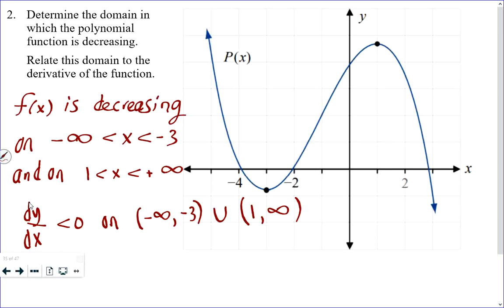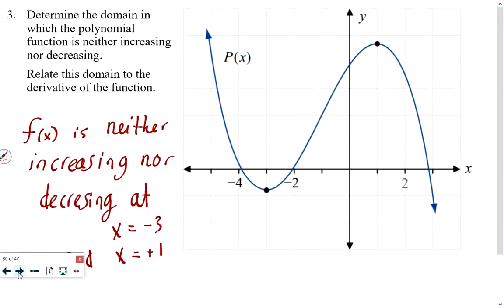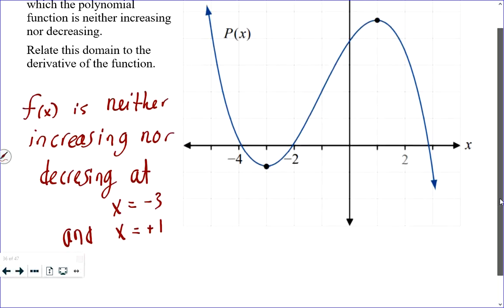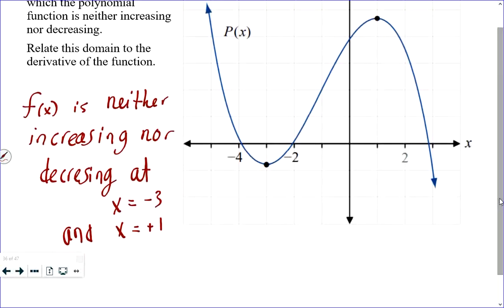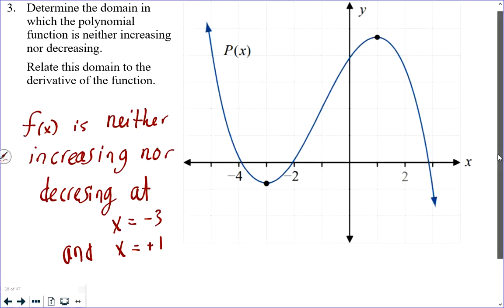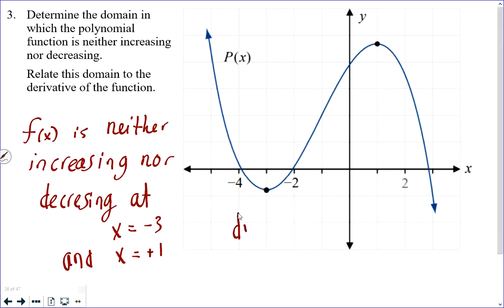Now, I'm being overly picky here. Maybe I'll start with the statement about the derivative for question 3. The derivative is equal to 0 at x equals negative 3 and x equals positive 1.